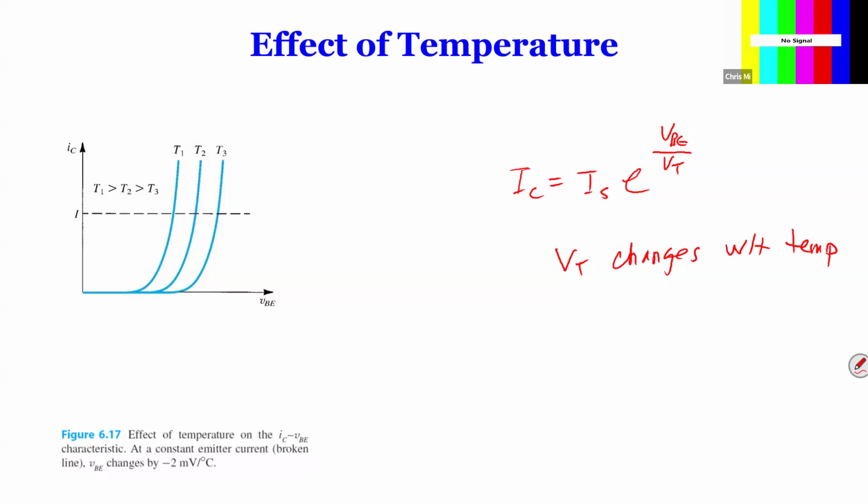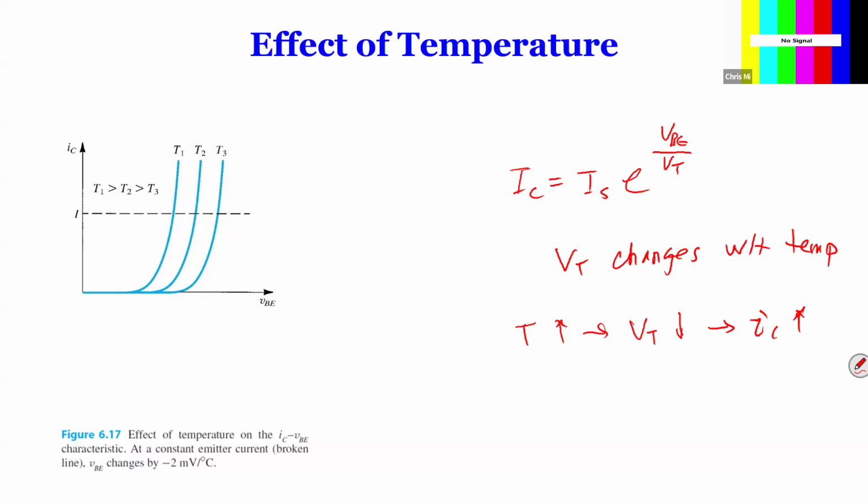As temperature increases, your VT will actually decrease, and then your current IC actually increases.